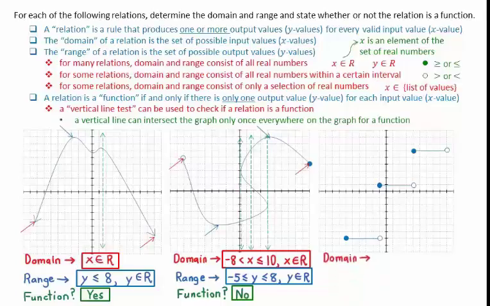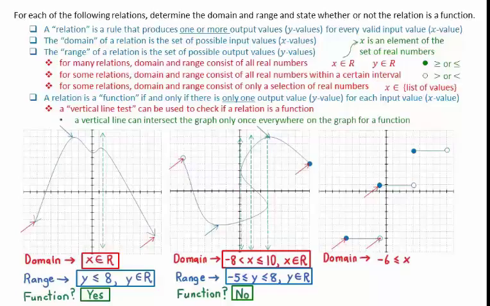For the domain, note that there is a closed circle at the point (-6, -7). This means that -6 is included in the domain. We have an open circle at (-1, -7), but then we also have a closed circle at (-1, 1).